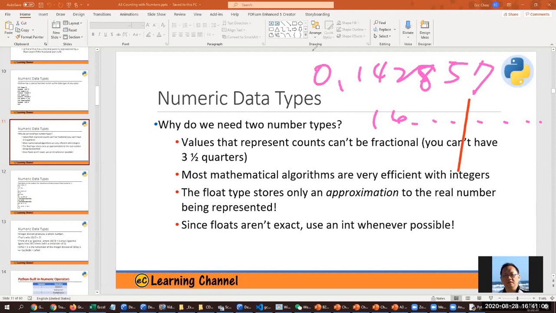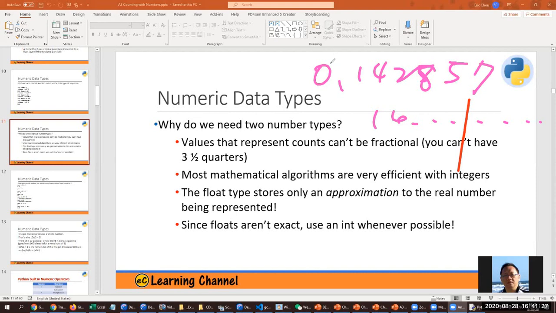Otherwise you cannot represent it in your computer, right? Your computer stores a fixed number of bits, so you got to cut it somewhere. So there can only be an approximation for those real numbers.